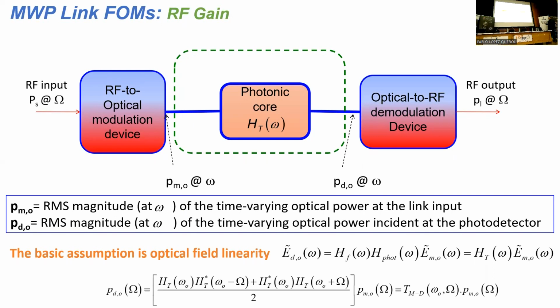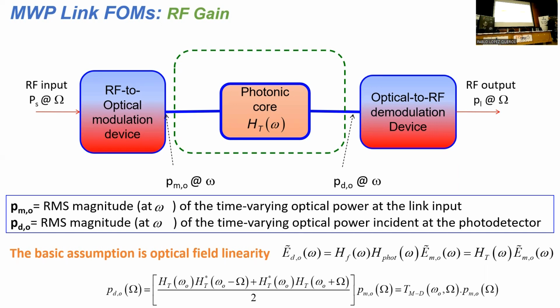So actually, this is what I assume, but what I need is a relationship between the output power and the input power in the optical domain. This is not very difficult to compute, okay? At the end of the day, what you have is this relationship.